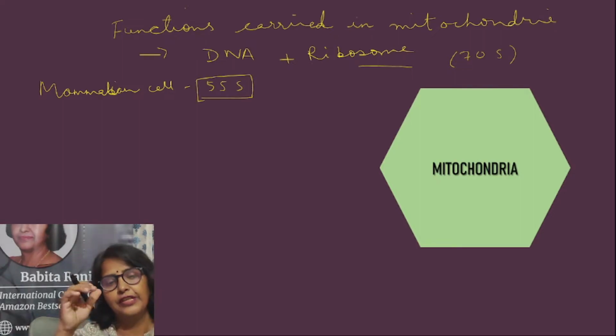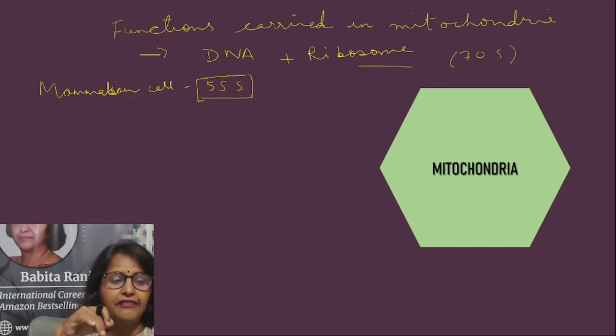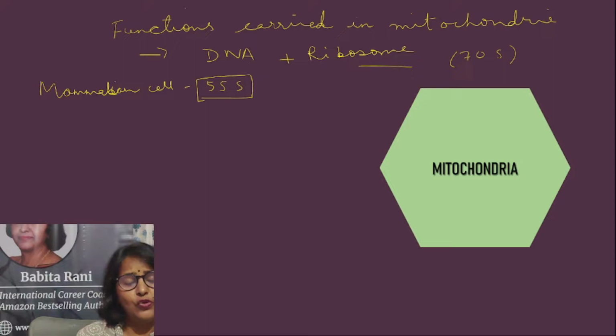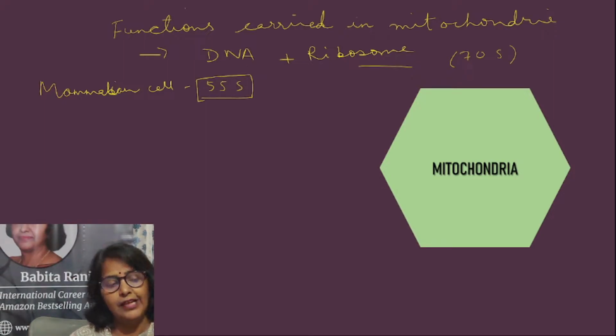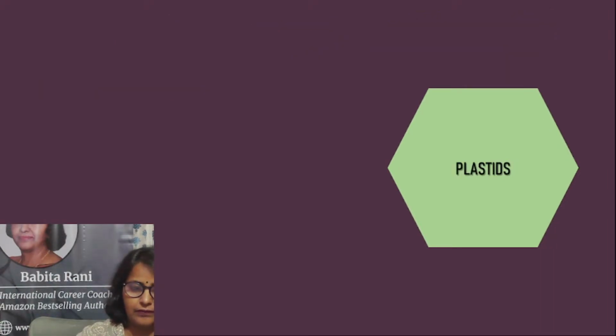All the eukaryotic cells have 70S type of ribosome in their mitochondria, whereas the mammalian cell has 55S type of ribosome in its mitochondria. So what is the function of mitochondria? It will help in cellular respiration, because all the enzymes required for the process are present in the mitochondria.